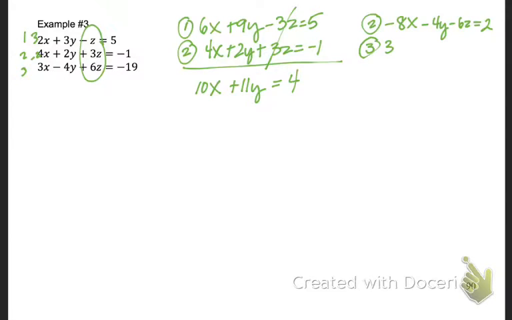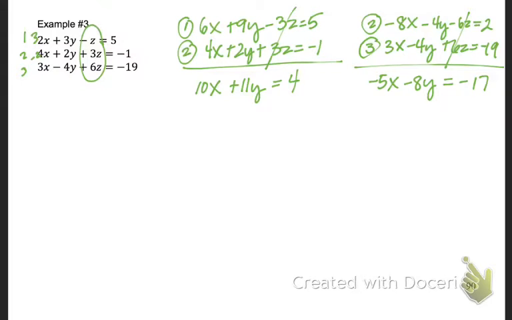And then keep the third equation the same. When I add down, you end up with -5x minus 8y equals -17.